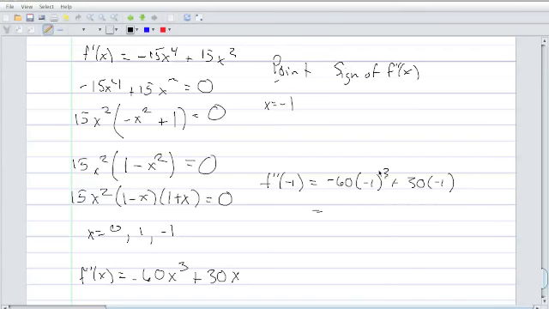That's negative 1 times negative 60, which is positive 60, minus 30, which is 30. So f double prime of negative 1 is positive. Our conclusion is that when x is negative 1, we have a relative minimum.